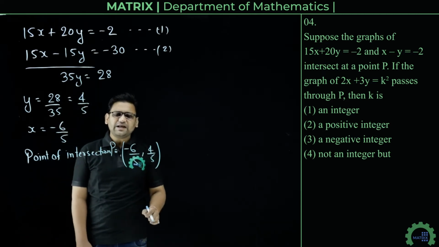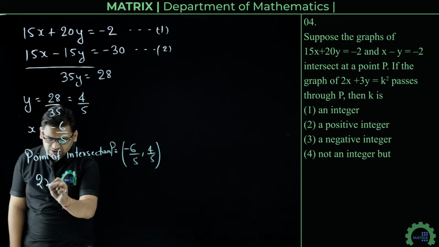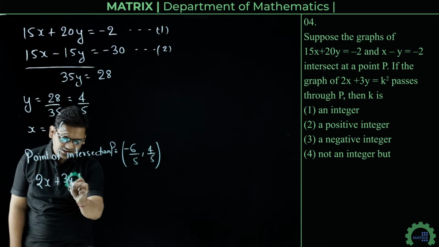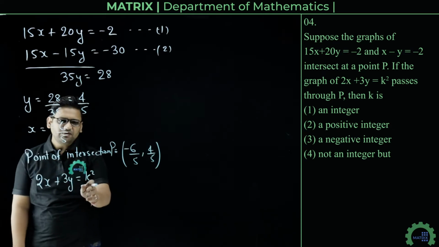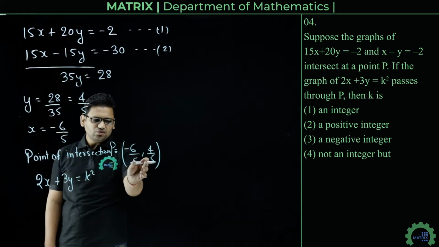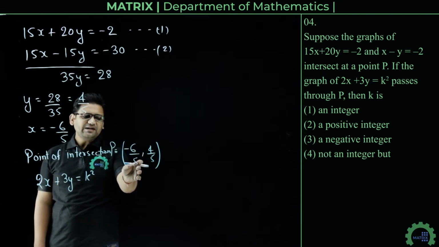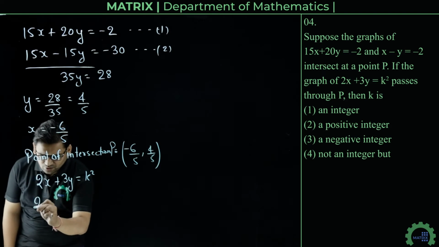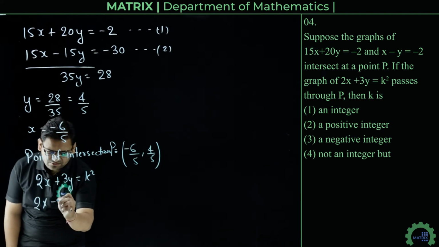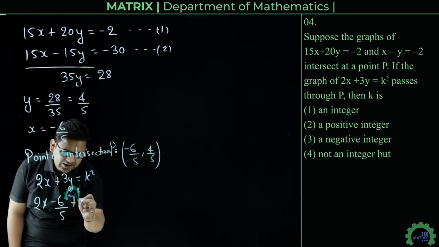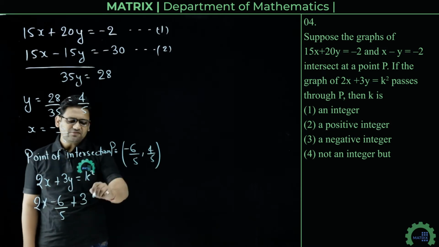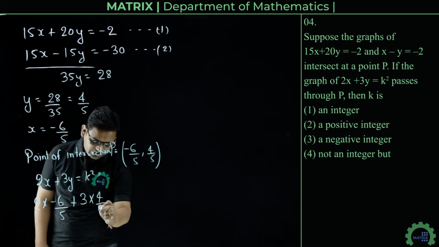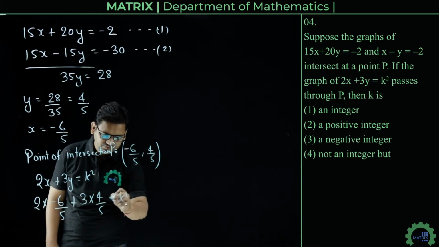Now the third line 2x plus 3y equals to k square will pass through that point P. So the value minus 6 by 5 and 4 by 5 will satisfy this equation. So we can put x equals to minus 6 by 5 and y equals to 4 by 5. That will be equals to k square.